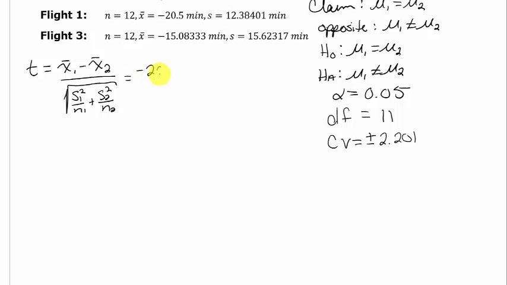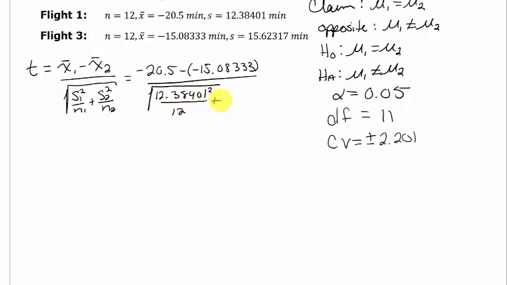X bar sub 1 is negative 20.5 minus x bar sub 2 is negative 15.08333. We're dividing that by the square root of S1 squared. S1 is 12.38401, and we're squaring that, divided by n1, which is 12, plus S2 is 15.62317, and we're squaring it, and then divide by 12.